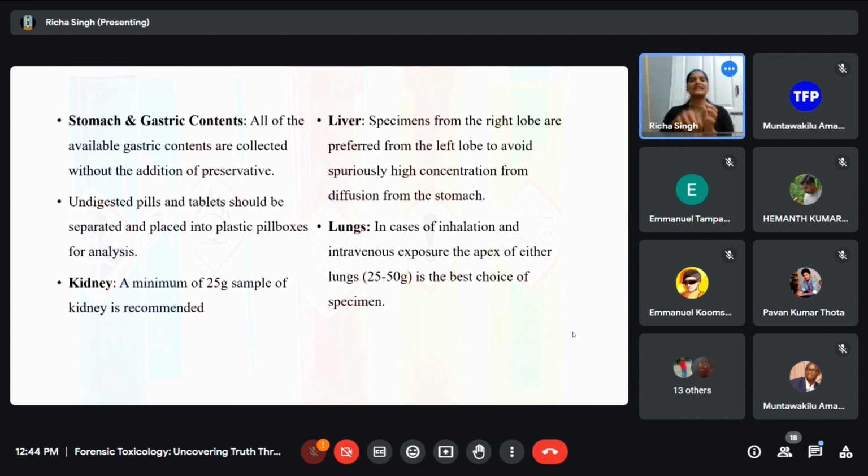And then liver, because the liver is the major site where metabolism happens. Specimens from the right lobe are preferred. Why? Because the left lobe is more towards our stomach, so there is a possibility that diffusion can happen and lead to contamination. That is the reason we do not collect from that part.